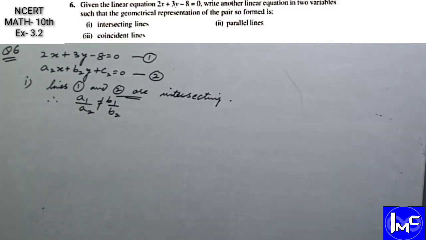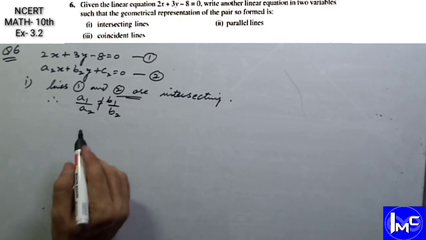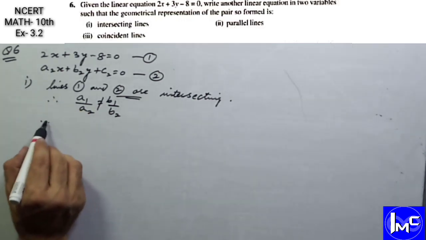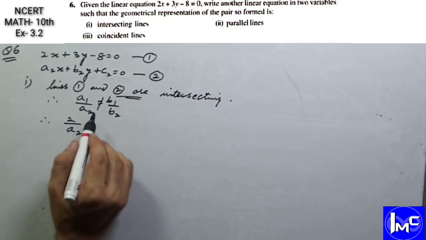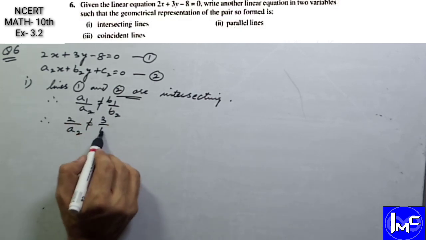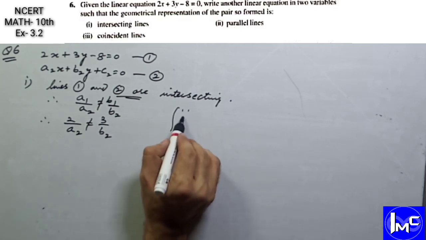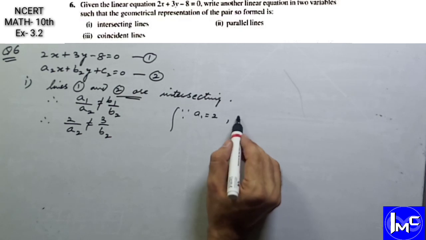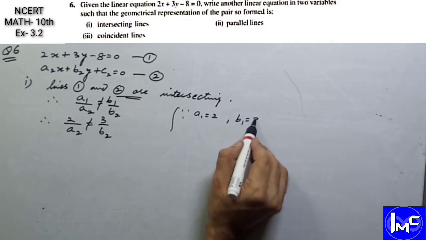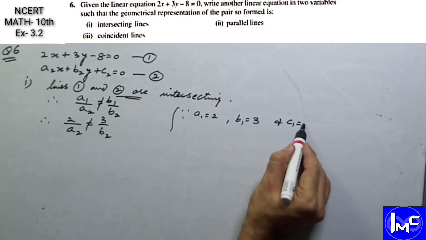We have done this in the previous questions. So we will substitute the values. Therefore 2 over a2 is not equal to 3 over b2, because a1 is 2, b1 is 3 and c1 is -8.